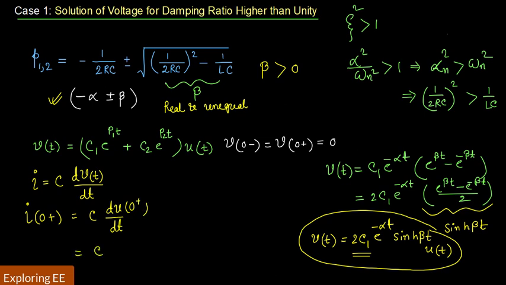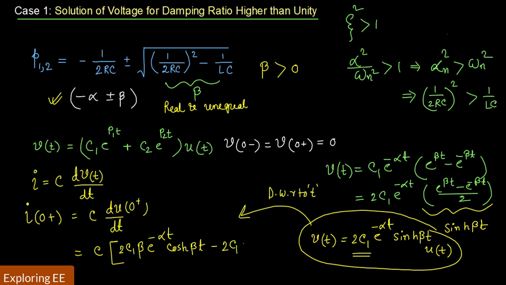If you take the derivative of this expression with respect to time, we have twice C1 times beta e to the power minus alpha t cosh beta t minus twice C1 e to the power minus alpha t into alpha sinh beta t.